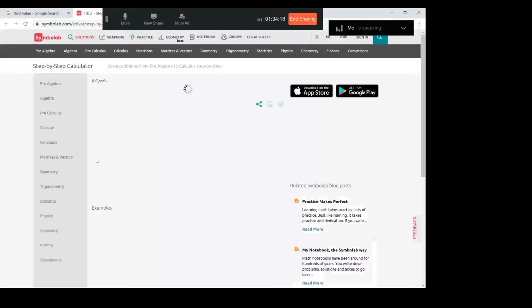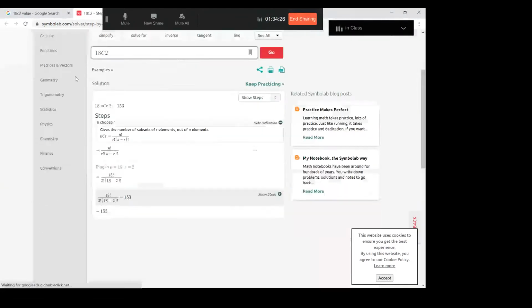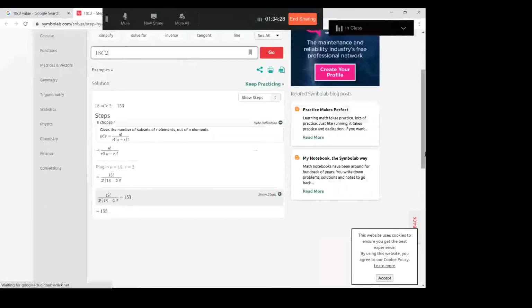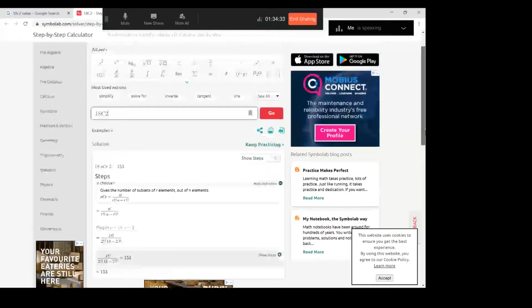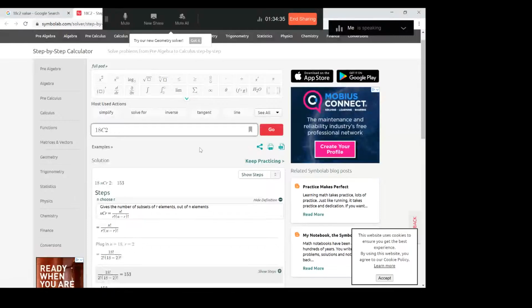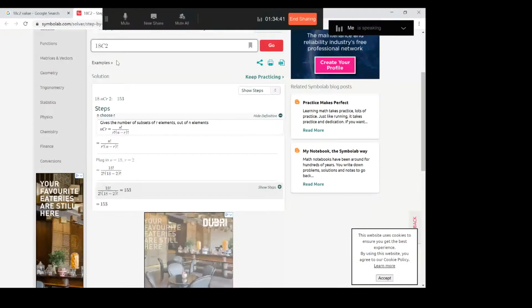If you don't have a calculator and you are using a laptop, you can just go to this website and find out any formula. So 18C2 is 153.